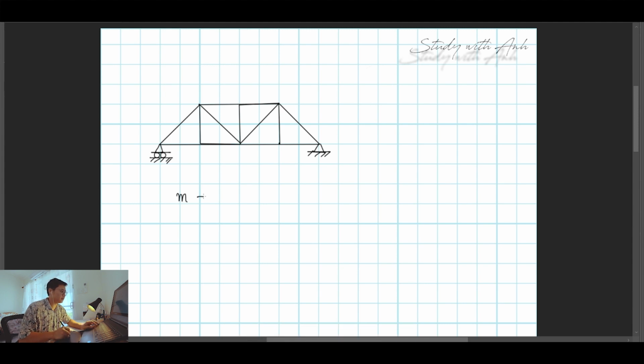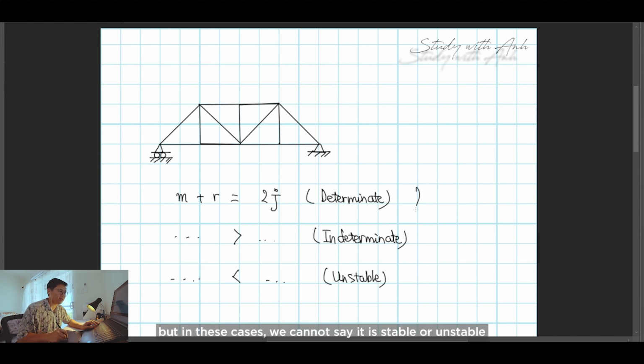So M plus R equals 2J, right? That's determinate. If it's greater than 2J, it's indeterminate. If it's smaller, it's definitely unstable. But in this case, we cannot say beforehand whether it is stable or not. We need to analyze it to see if the structure is stable.